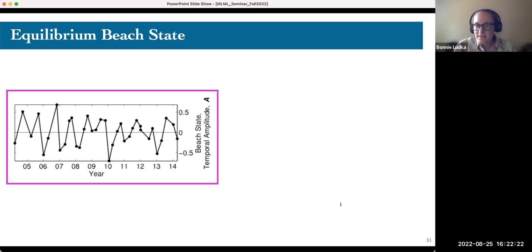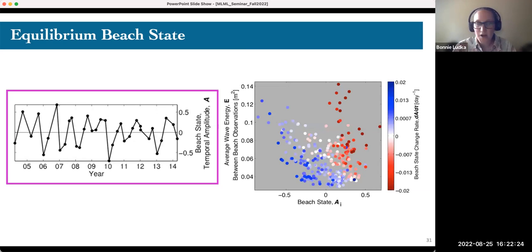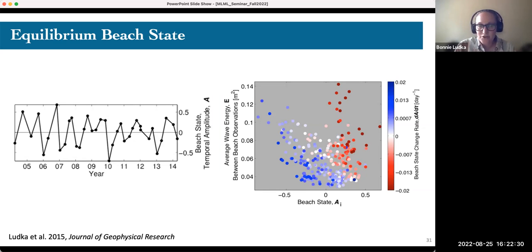And we're going to create this scatter plot. So I will walk you through it. What this is showing is that for each consecutive pair of surveys in our beach state temporal amplitude, we use those to make the scatter plot.